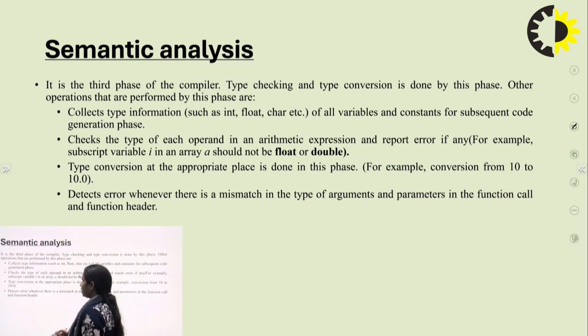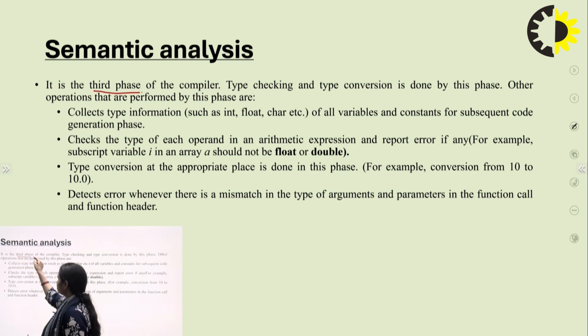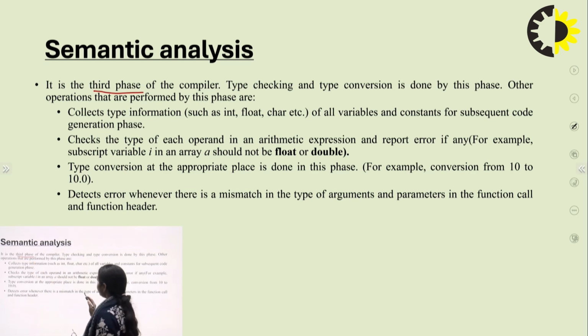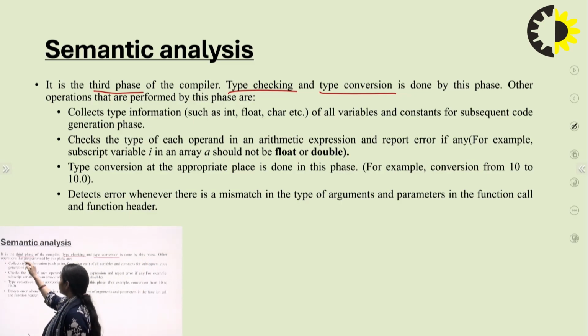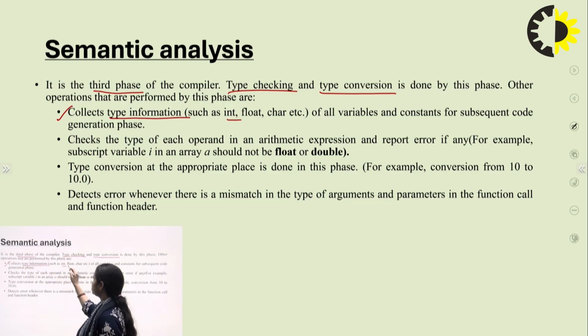In semantic analysis, yes, we were aware that it is the third phase of the compiler. Now what it does: type checking and type conversion are done by this phase, and among the other operations performed, it collects type information. What is that type information? Whether a variable is integer type, float type, or character type.